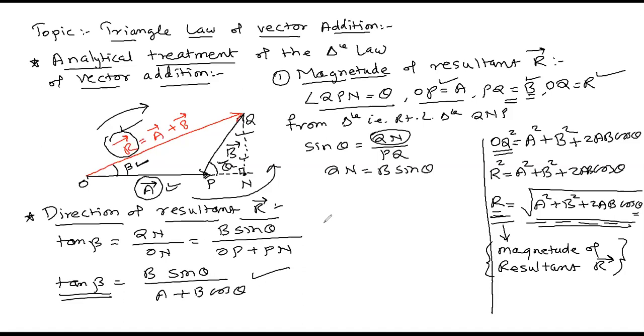Now we'll proceed for the analytical treatment for the parallelogram law of vector addition, which is based on the same method. Whatever we have proceeded here through all this concept, or the values, or the formula, or the sine and cos functions we have used here, and whatever the value we get for the magnitude R of the resultant vector, the same you will get in that case also.